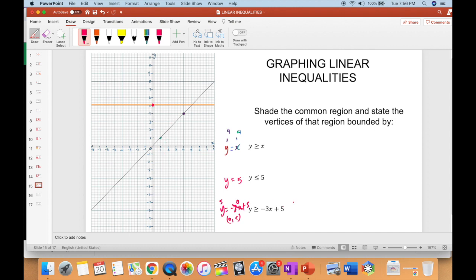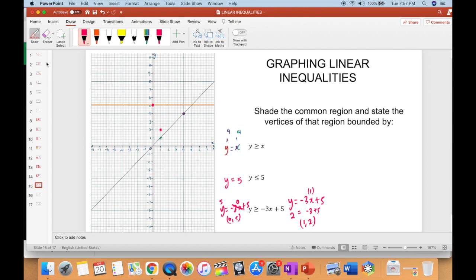The second point: let's see, when x is 1, then y will be negative 3 times 1, which is negative 3, plus 5, which is 2. So when x is 1, y is 2. That there is my second point.